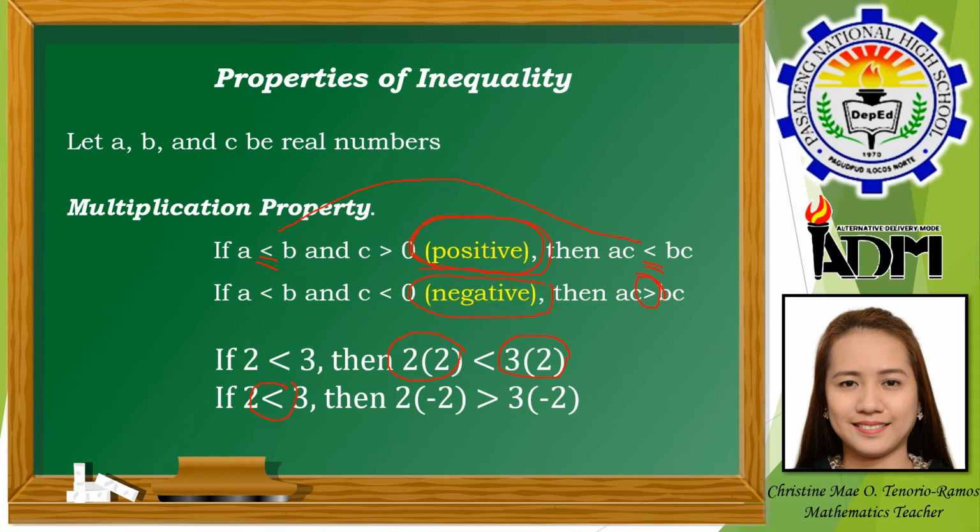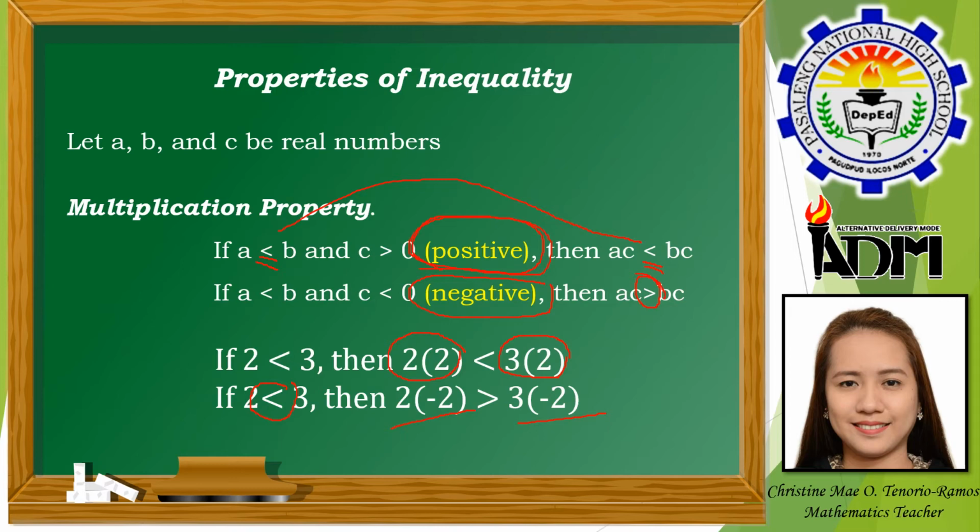For example, ito negative 4. Mas malaki ang value niya sa negative 6. Kahit na nakikita mo na yung 4 is, di ba, mas nauuna yung 4 kesa 6 or mas malaki yung 4 kesa 6. Pero may negative sign siya. Therefore, mas dumadami yung utang mo.